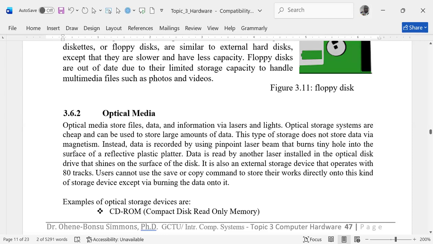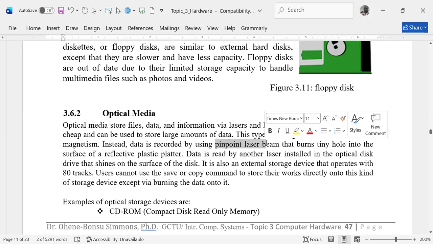Normally we use a technology called a burner, which uses a pinpoint laser beam to store or burn your work on a tiny surface of the disk. So put in mind that optical media does not support save via the save command.